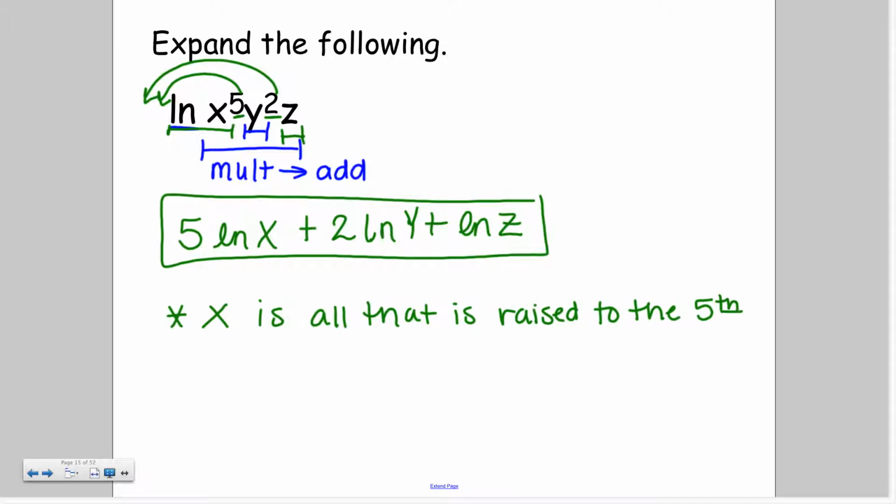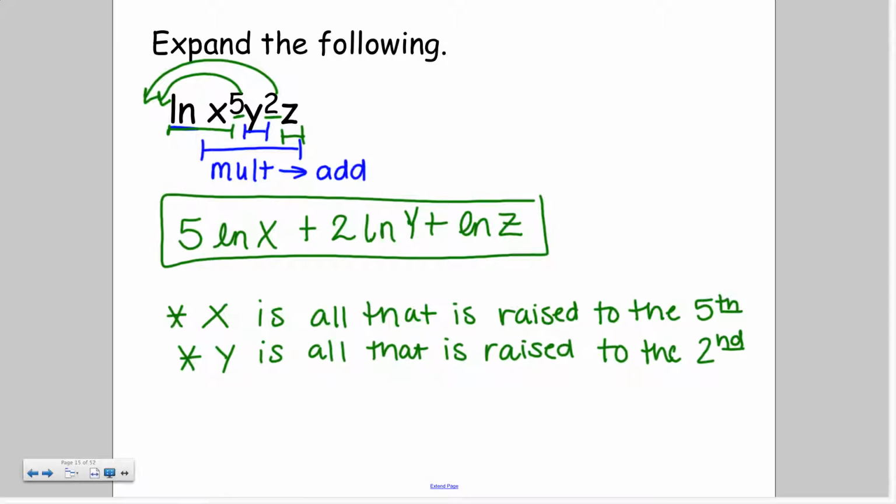And then if you look at the y, y is all that is raised to the second. So the reason that it's only in front of that is because the only thing that's being raised is the x to the fifth. The reason the 2 is only in front of the ln and y is because y is all that's being raised.